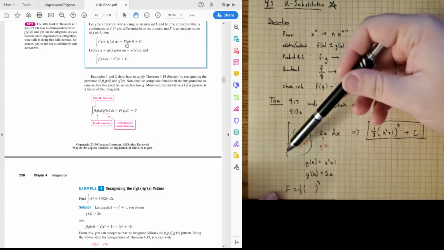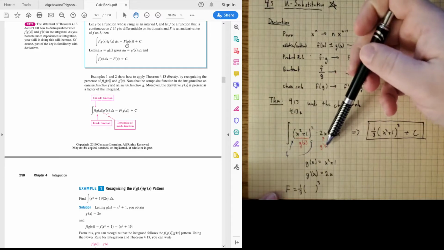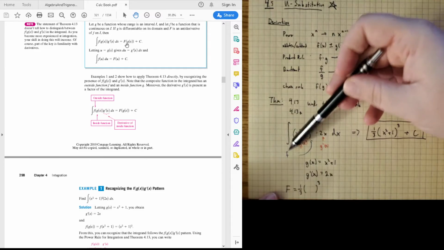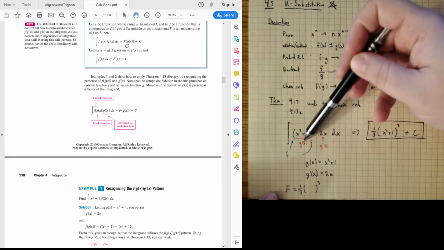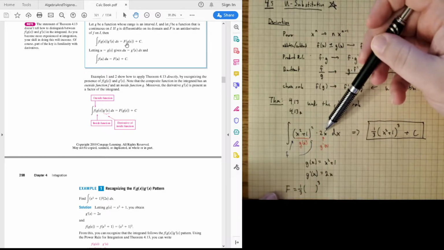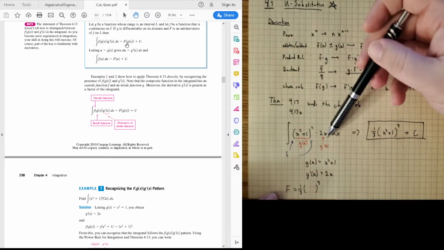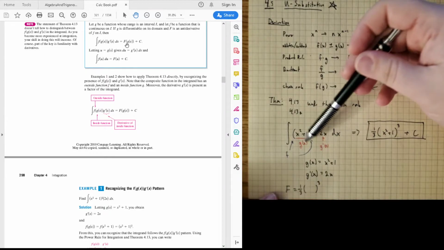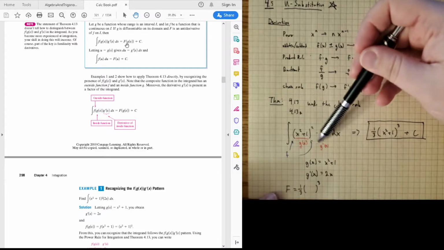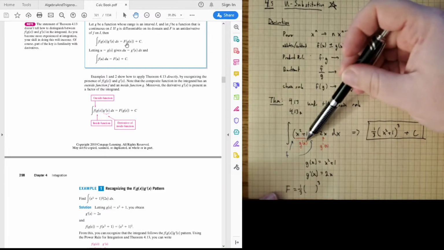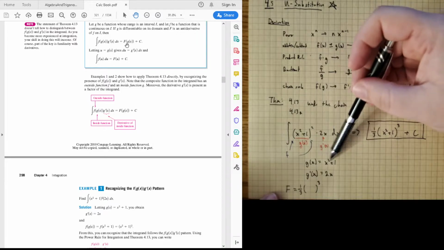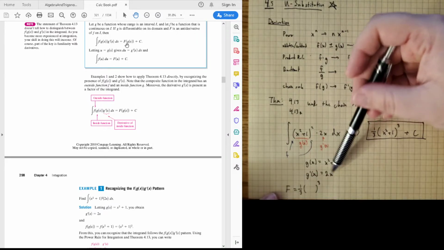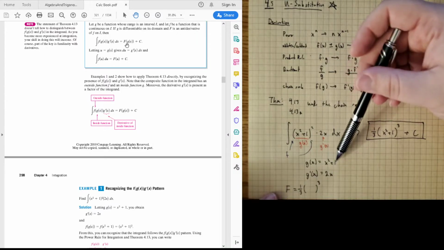Theorem 413 states that if I can see this particular pattern where I have an outer function defined as little f, an inner function defined as g of x, and its derivative defined as g prime, there has to be an outer function, g prime, and an inner function of g, which I've labeled here as x squared plus 1 and 2x.